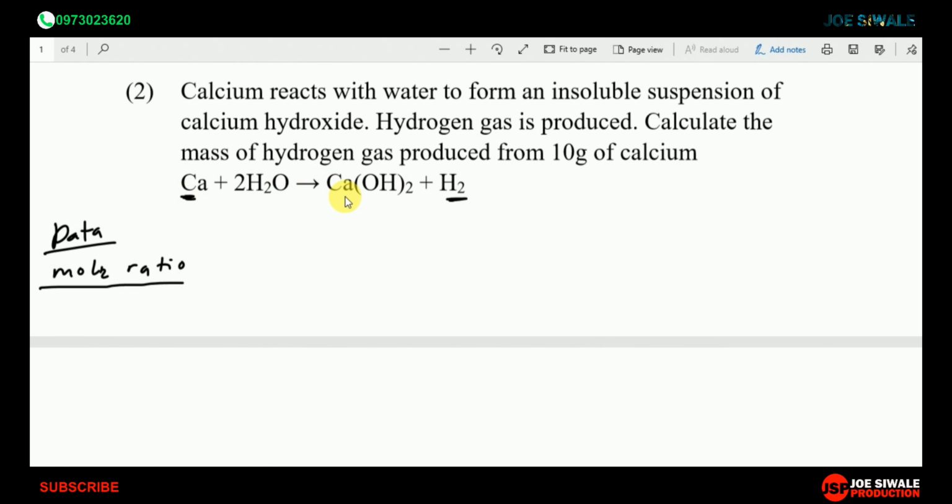So the first thing that I've said, we are going to say 1 mole. So we know that here we have 1 mole of calcium produces 1 mole of hydrogen gas. So we're going to write down that mole ratio.